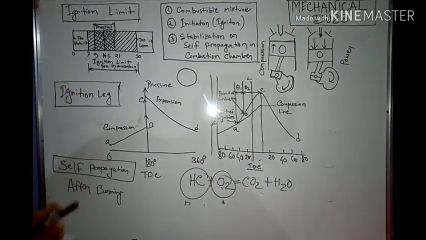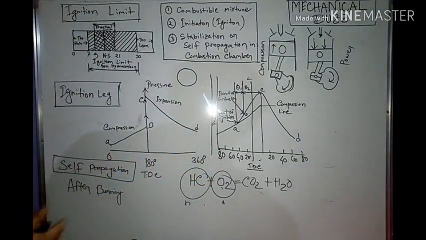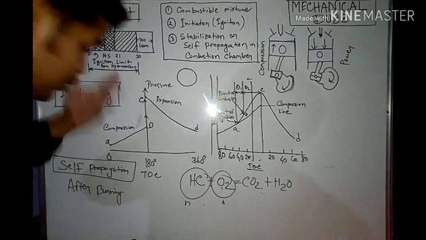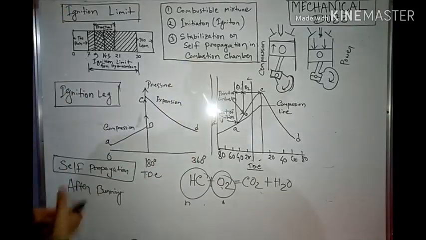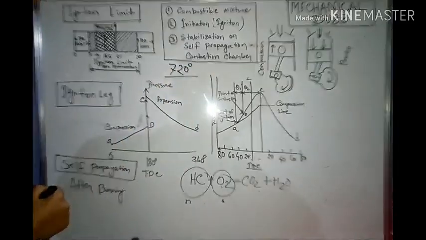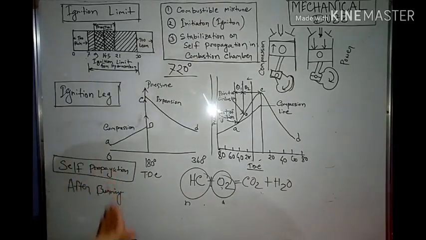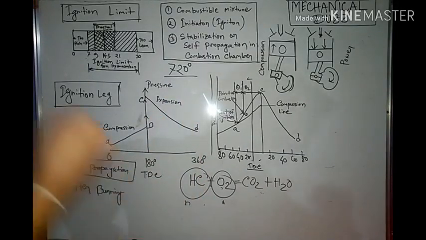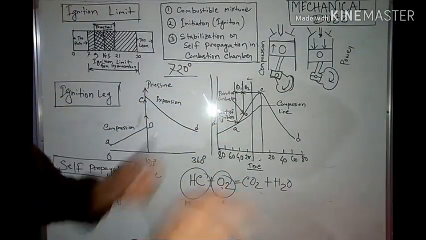If it completes two circles, that is 360 twice, so 720 degrees. In a four-stroke engine, we get power in the interval of 720 degrees. In every 720 degrees, one power, one combustion and one explosion happens.